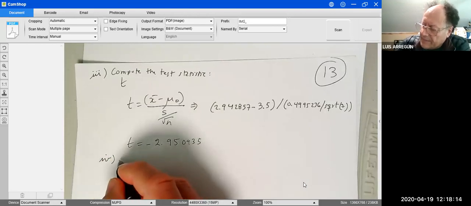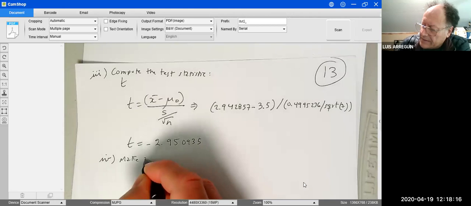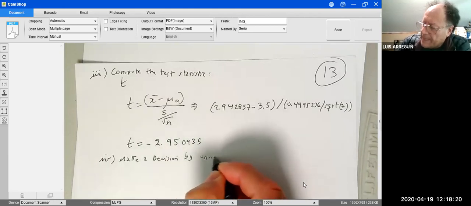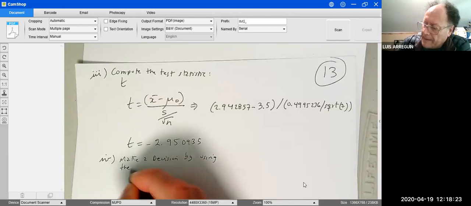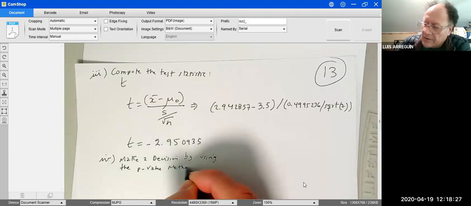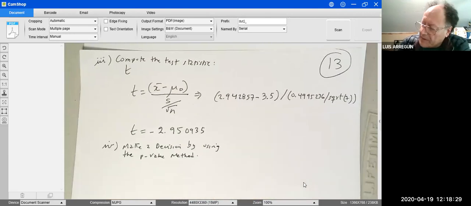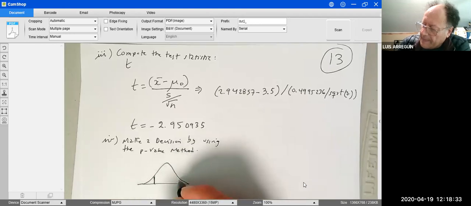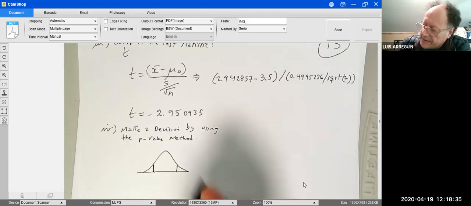So we're gonna make a decision by using the p-value method. So we know that this is a two-tailed test. This is a two-tailed test.